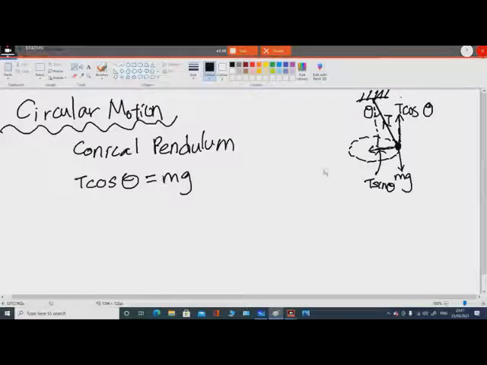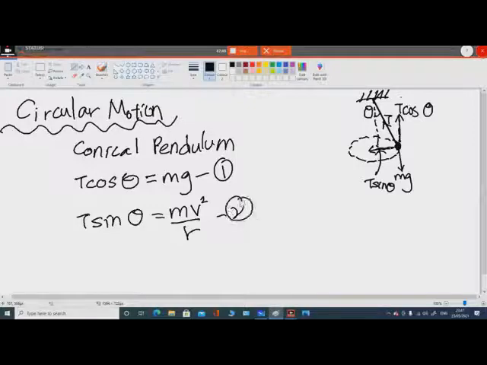This T sine theta is equal to our centripetal force. So we have two equations here.